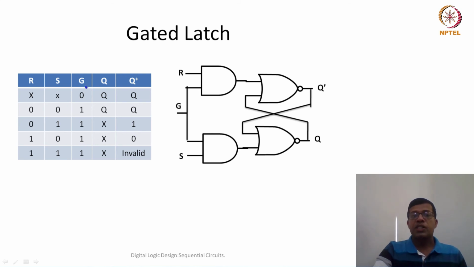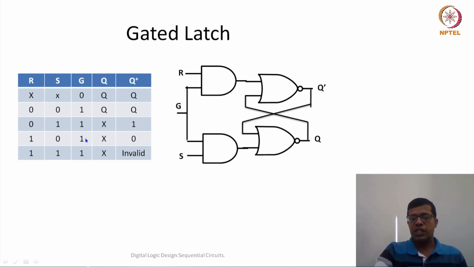Similarly, if G is 1, then it is effectively working like a standard RS latch. So if G is 1 and R and S both are 0, then the next state is equal to the previous state. If G is 1, set is 1 and reset is 0, my next state is going to be 1 irrespective of the previous state.